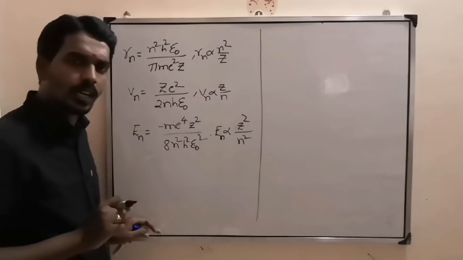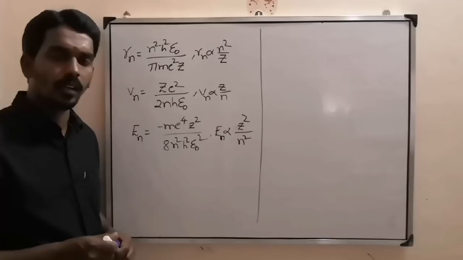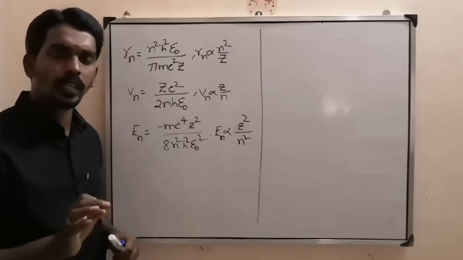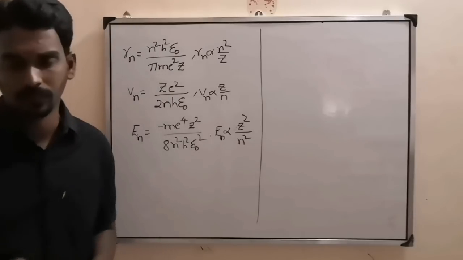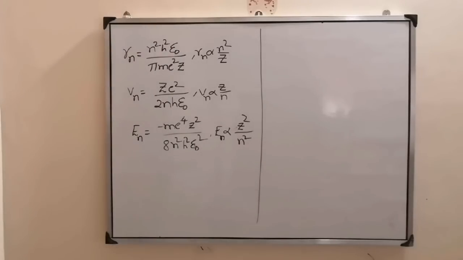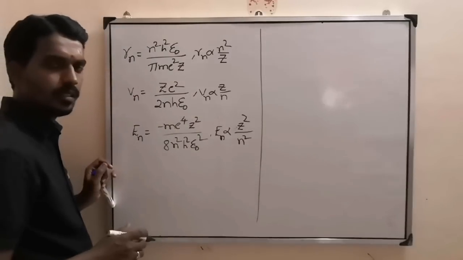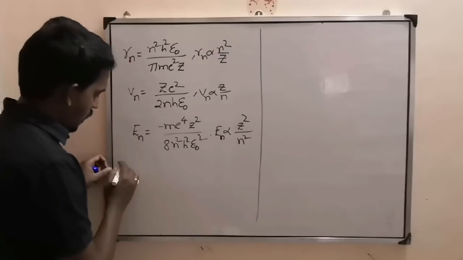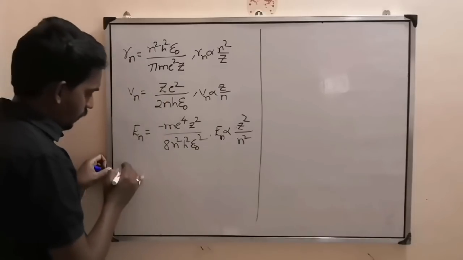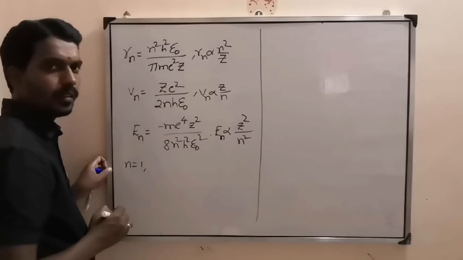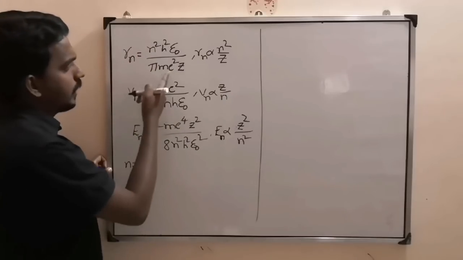Of course, we concluded that the equations we derived from the Bohr atomic model can be applied only to the hydrogen atom and hydrogen-like atoms. So if you consider hydrogen and hydrogen-like atoms for the first orbit, for n equal to 1, then n should be substituted as 1.